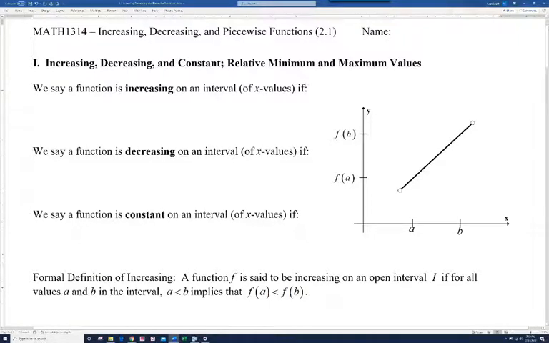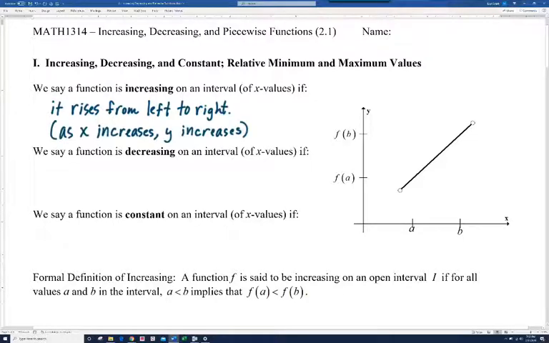In this video, I'll be talking about increasing, decreasing, and constant, and relative minimums and maximums. First of all, we say a function is increasing on an interval of x values if it rises from left to right.